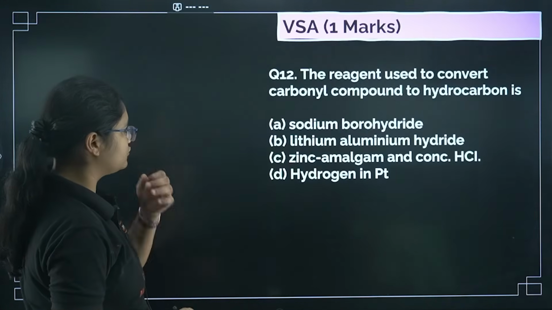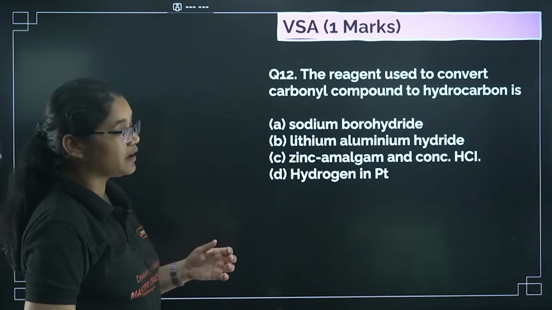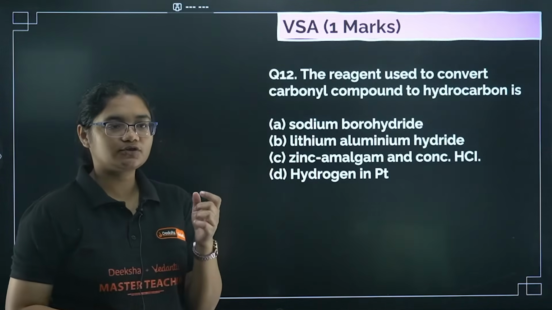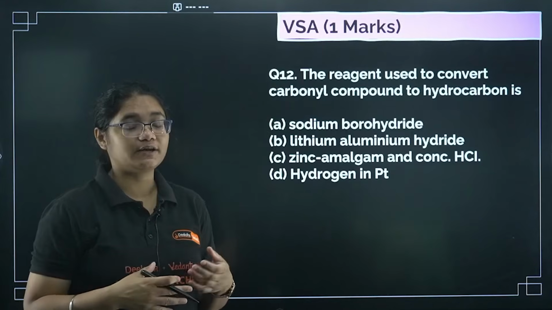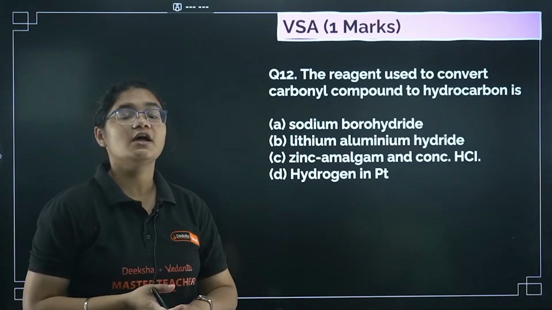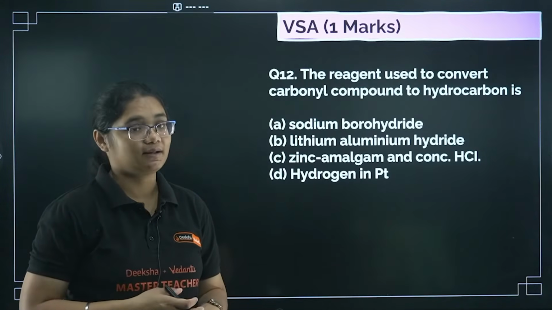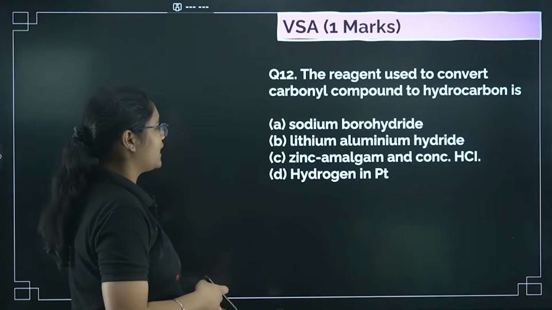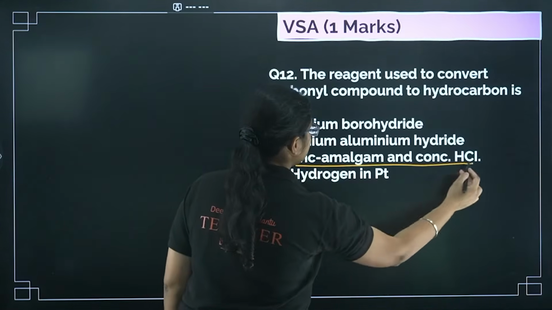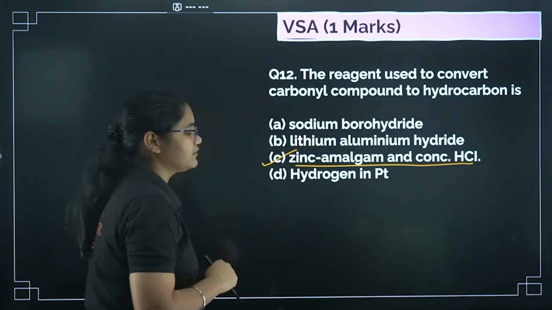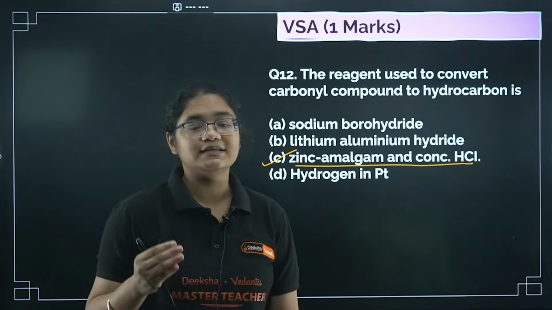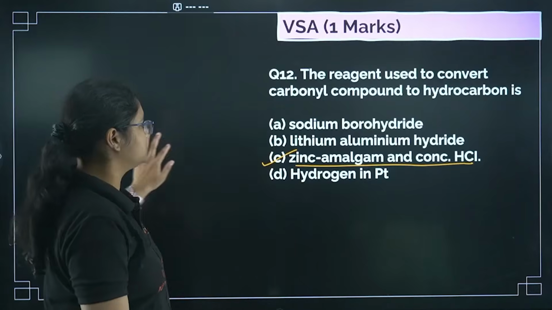Next, the reagent used to convert carbonyl compounds to hydrocarbon is. This is the reduction of carbonyl compounds directly to hydrocarbons. Here we have two reactions, Wolff-Kishner and Clemmensen reduction, right? Zinc amalgam is used in Clemmensen reduction, whereas in Wolff-Kishner we have hydrazine and ethylene glycol. So option number C here.